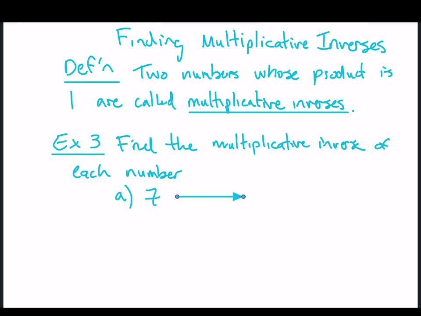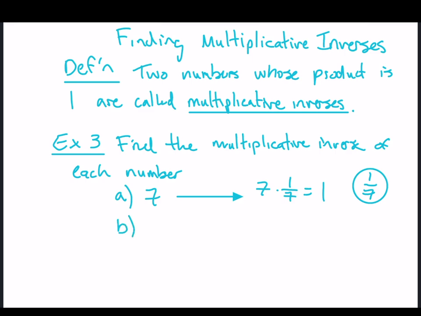What would its multiplicative inverse be? We know that the product of 7 and some number is equal to 1. The way we do that is we flip it, we find the reciprocal, and 1 over 7 times 7 is equal to 1. So our answer is 1 over 7. That is the multiplicative inverse of 7.